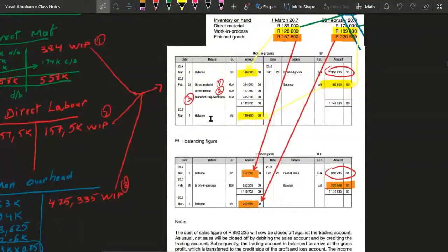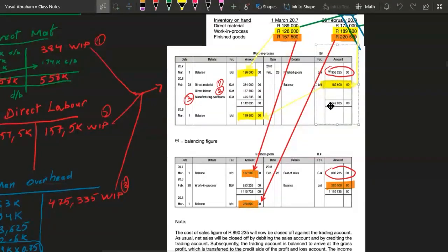So for the work in process, we will have a closing balance, which we are not going to take into account. What does this mean? When we add up everything, we have a total of 1,142,000 minus this amount, or you can look at this side. This amount is the exact same balance we're going to put here.